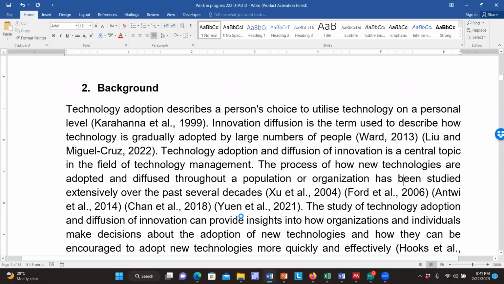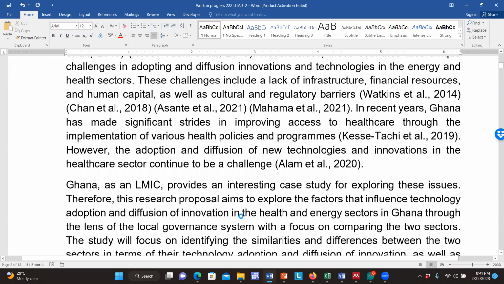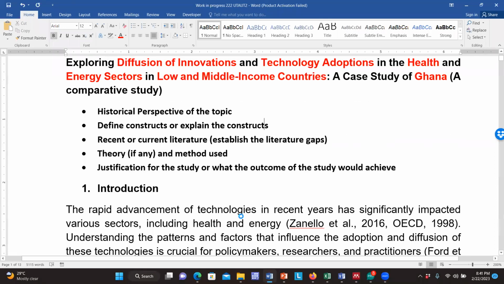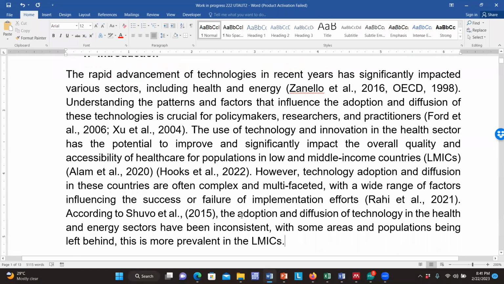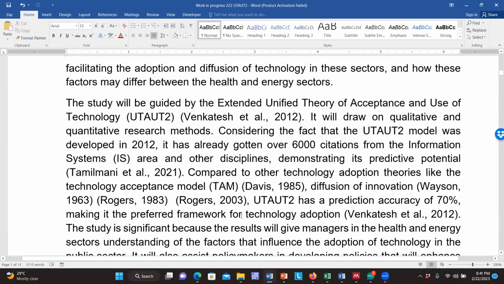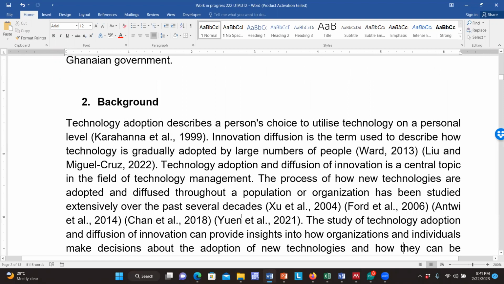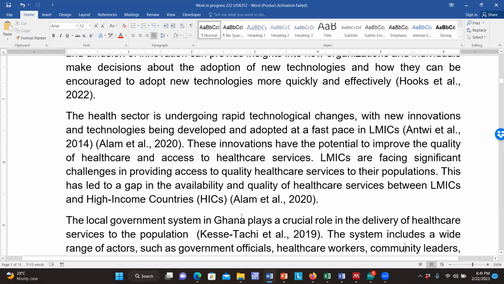So if that is the case, then the introduction is too extensive. What you need to do is to just give a brief that in this chapter, we are going to discuss X, Y, Z, and all that. Then just one paragraph, then you come to the background. Then you bring everything we have discussed to the background of the study.